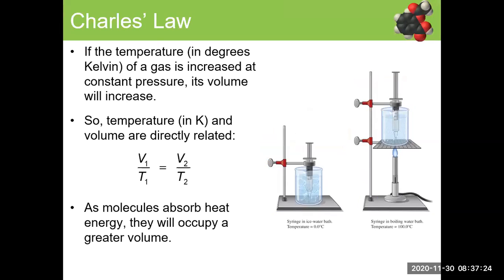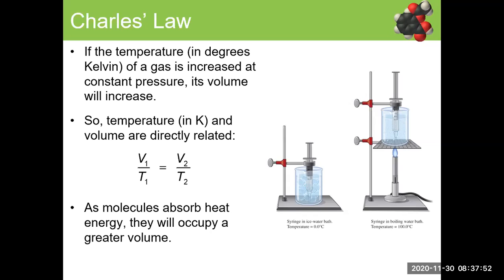One thing to remember, as we said the other day, is that when we're doing these calculations with gases, we need to express the temperature in Kelvin. It's no different for this one than the others we've mentioned so far. So if the temperature of a gas is increased at constant pressure, its volume will increase.